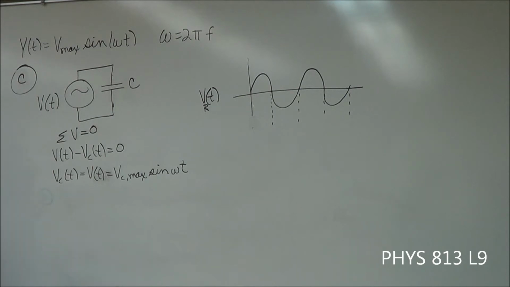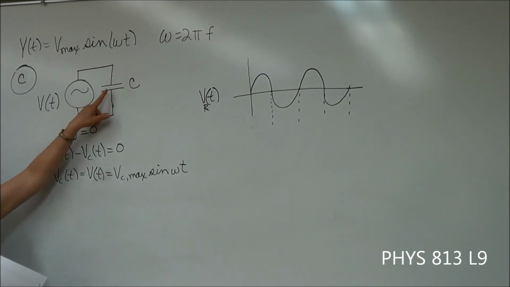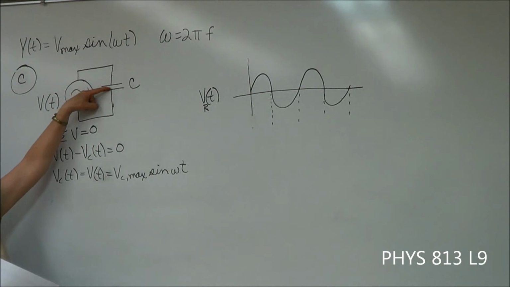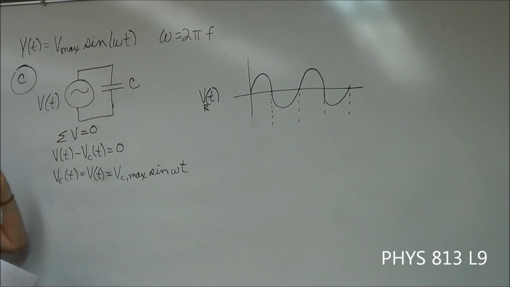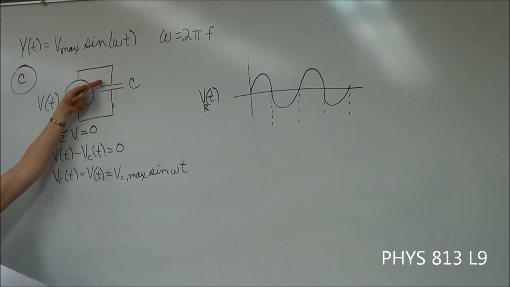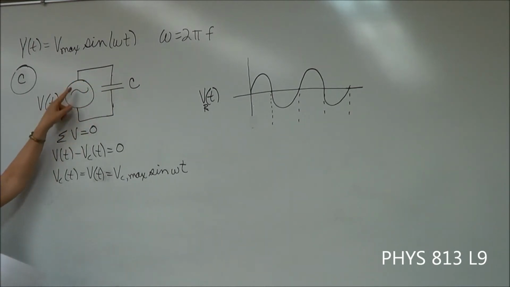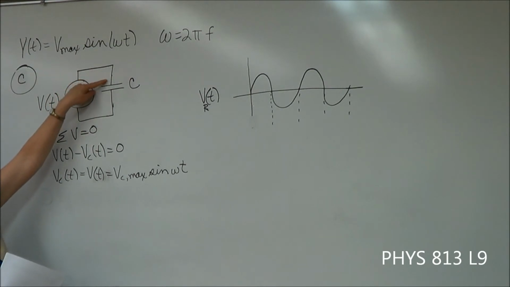Something else you have to think about is, for a capacitor, this is an open space or an insulator. There is not going to be any current actually going totally through the capacitor. What we're looking at is current in the wire.